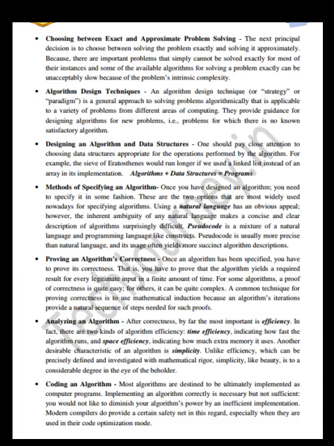Methods of specifying an algorithm. Once you have designed an algorithm, you need to specify it in some fashion. These are the two options that are most widely used nowadays for specifying algorithms. Using a natural language has an obvious appeal. However, the inherent ambiguity of any natural language makes a concise and clear description of algorithms surprisingly difficult.